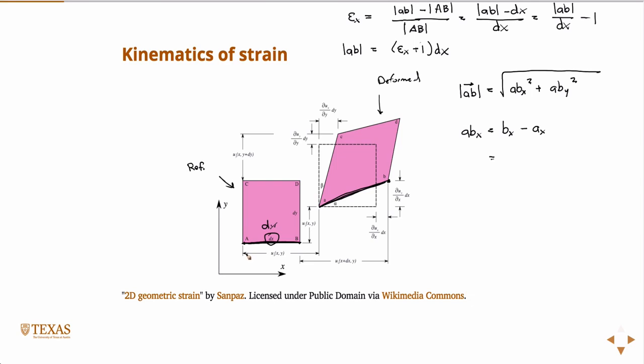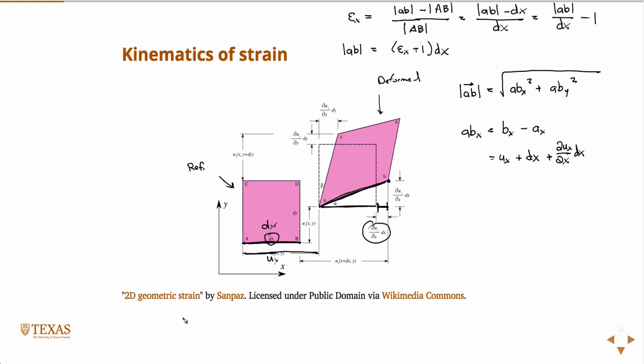So to get to B, we have this distance, which is u of x, plus the original length, dx, plus this distance here, which is defined right here as partial ux partial x dx.